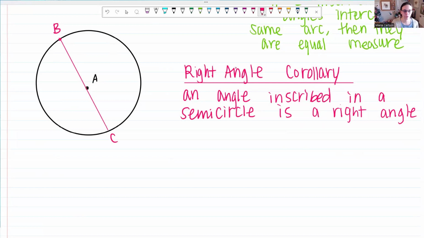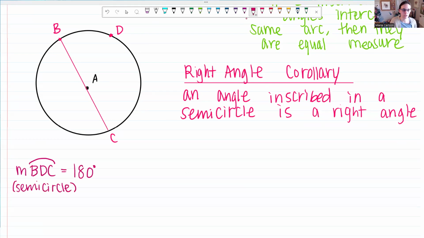So now I have essentially two semicircles or two arcs that are 180 degrees. And I'm going to draw another point here. This will be D. So if I talk about arc BDC, because it is a semicircle, it's 180 degrees. So if I have an angle inscribed in this semicircle, essentially I have this angle BDC.